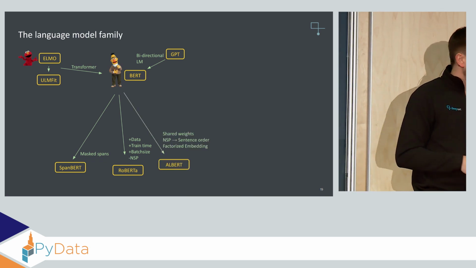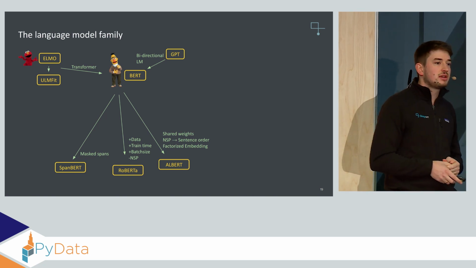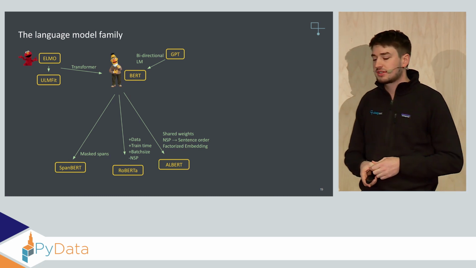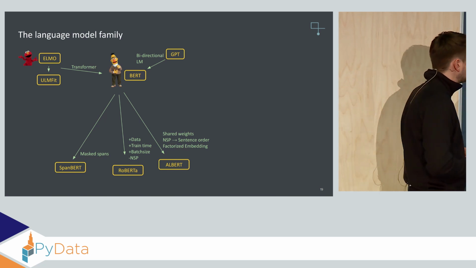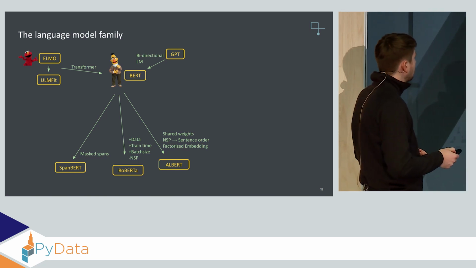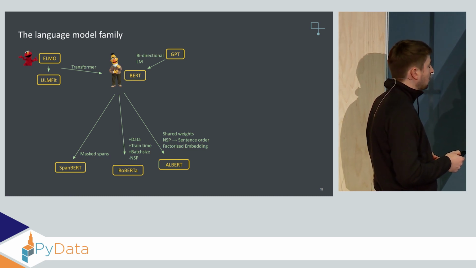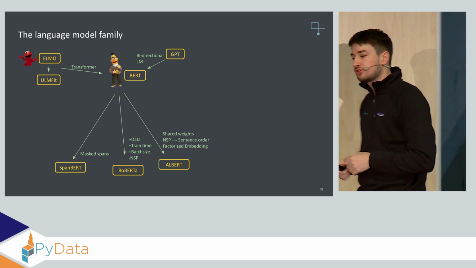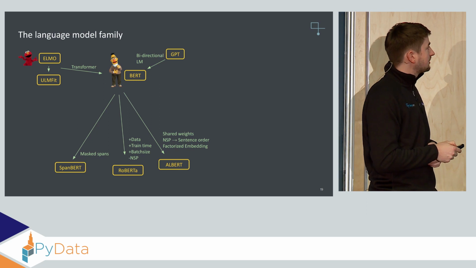And then very recently, Google published ALBERT, which is currently dominating a lot of benchmarks, a lot of leaderboards. And they had some interesting ideas on how to go on with these architectures, what we can change. What they do is basically make this model more efficient by sharing weights across different layers, different transformer blocks. And they factorize the embeddings.